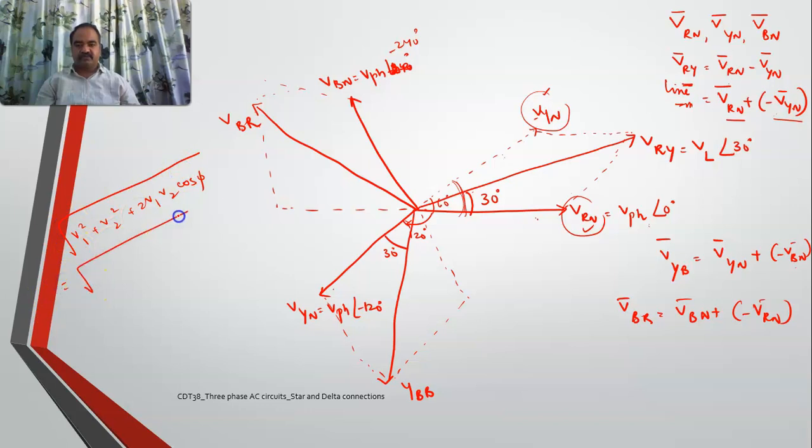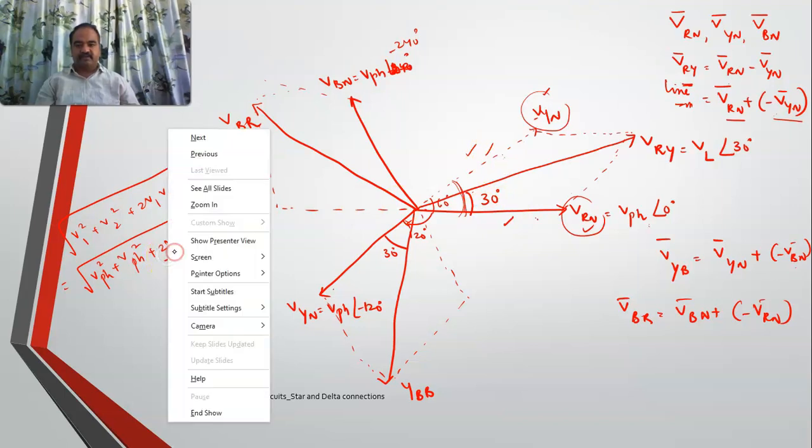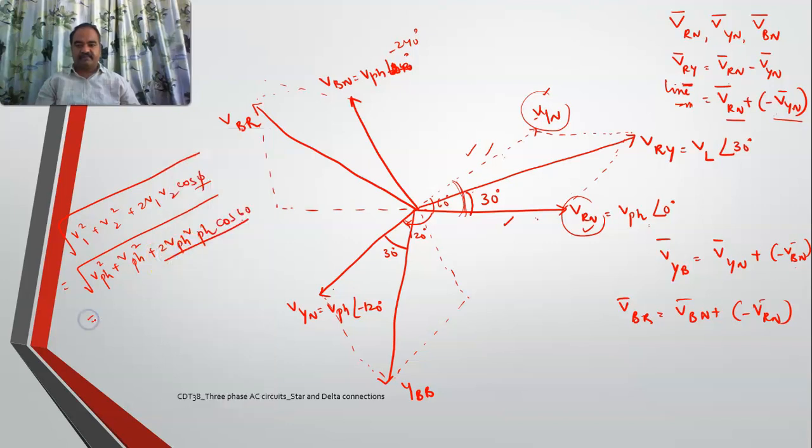Now if I do it, see here. This is V phase magnitude. For the second one, it is also V phase. 2 V phase times V phase, and the angle between these two vectors is 60. Cos 60 is 1 by 2, and 1 by 2 into 2 is 1. So I'll get root 3 V phase.